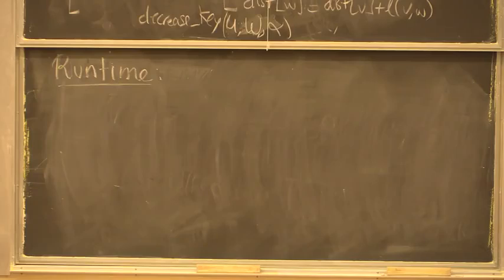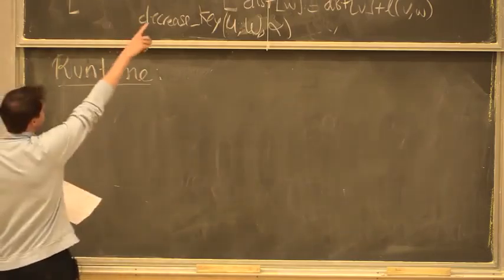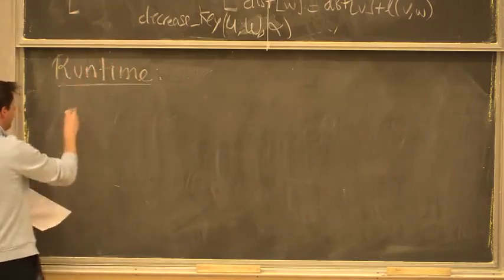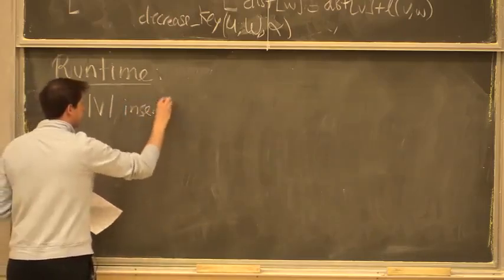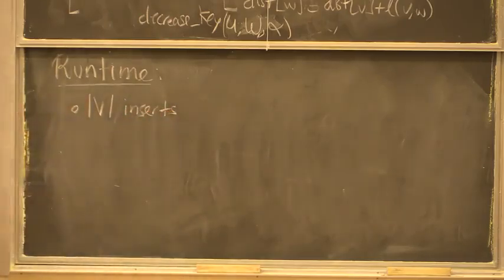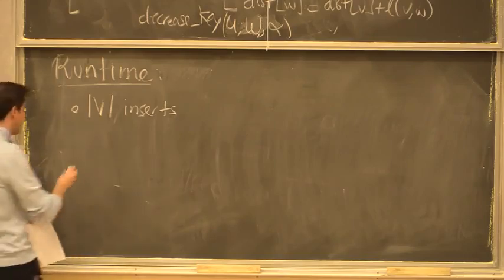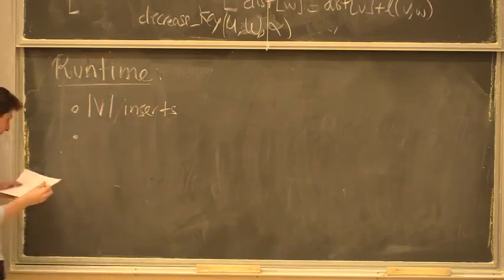We have a make queue at the beginning, which you can think of as just V inserts, just like put in. When you're done, this should be a priority queue, so it is aware of the values of all the elements.